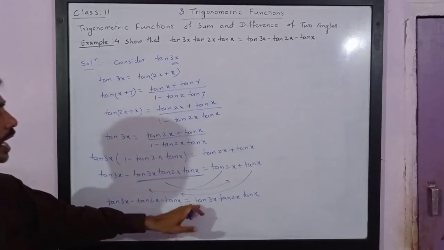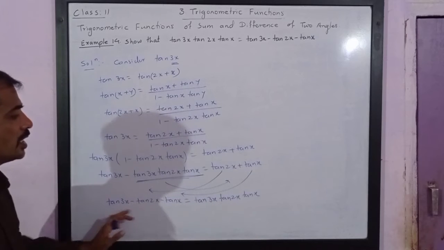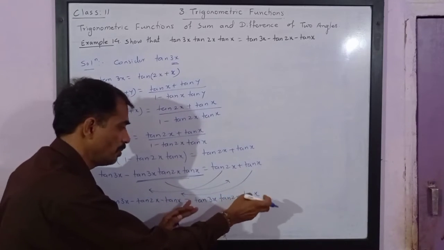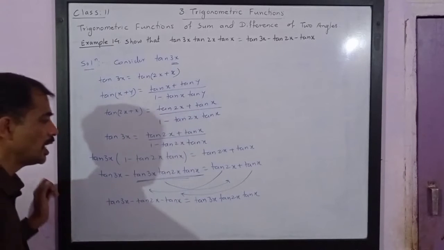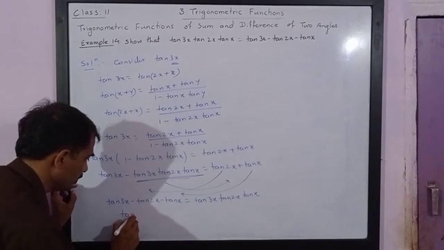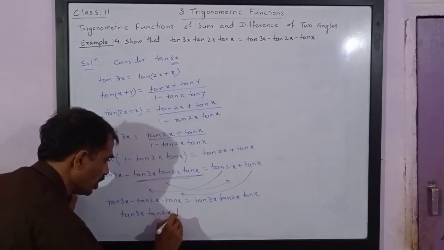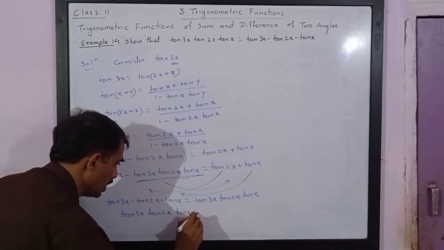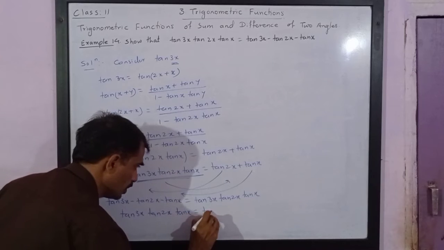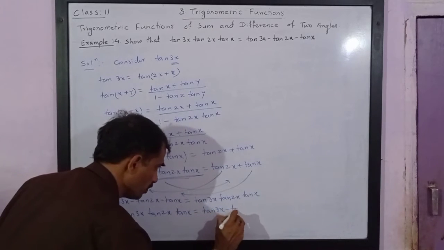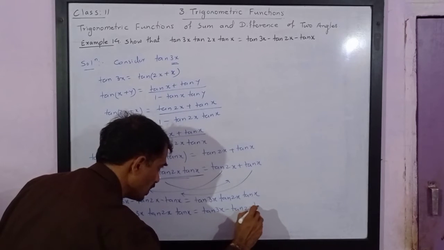We have got LHS to the RHS and RHS to the LHS. So if this is equal to this, it means this must be equal to this. So it is tan 3x into tan 2x into tan x is equal to tan 3x minus tan 2x minus tan x.